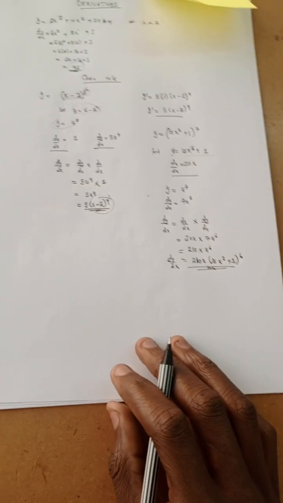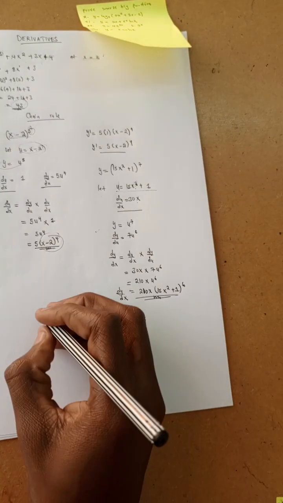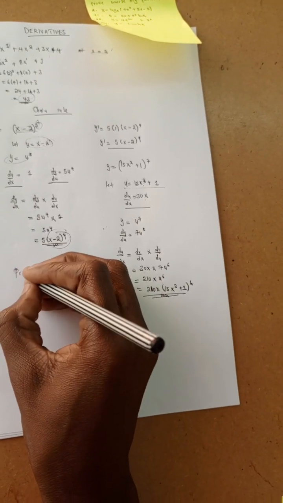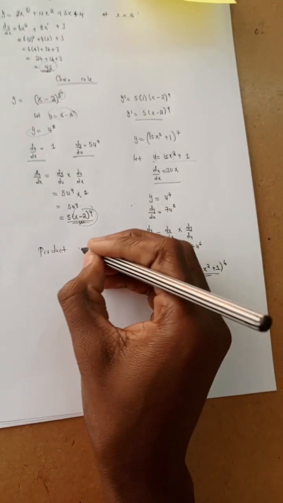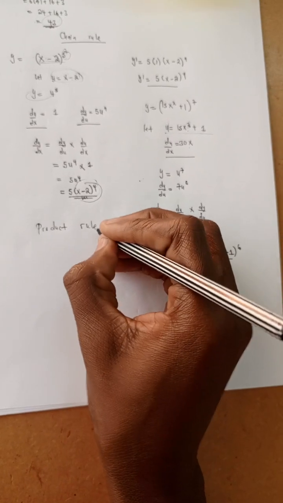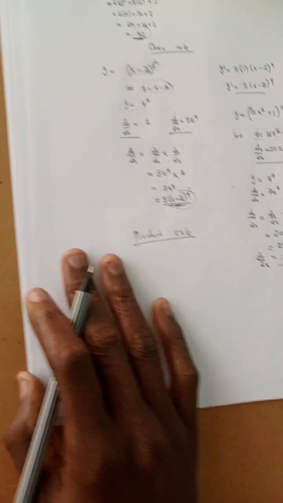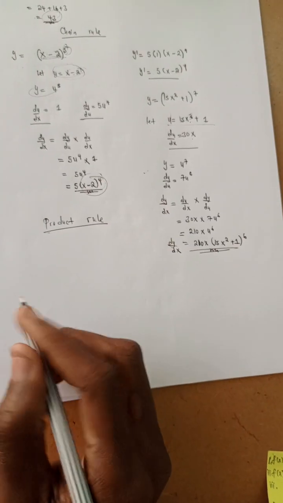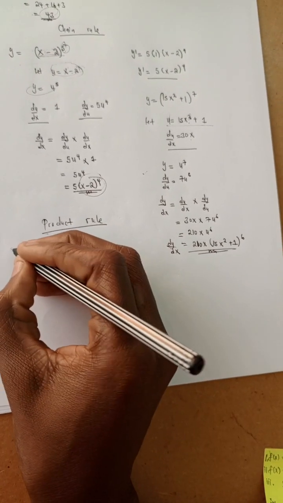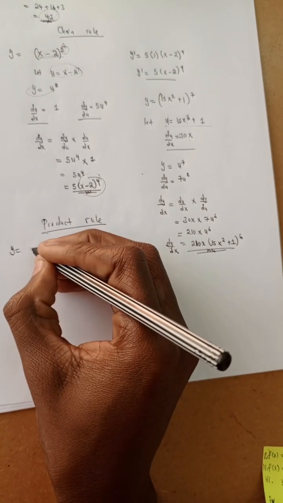Okay. So without wasting much of time, we'll do the product rule as well. So from the word product, simply a multiplication of 2 functions. So for example, we are given a function like this.